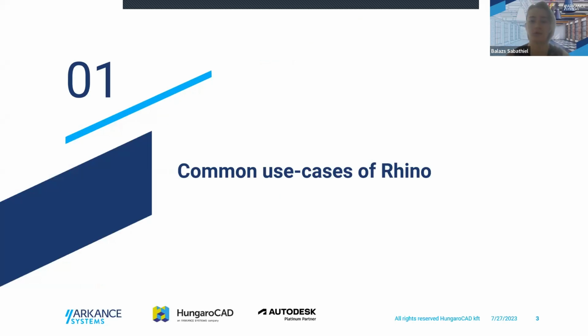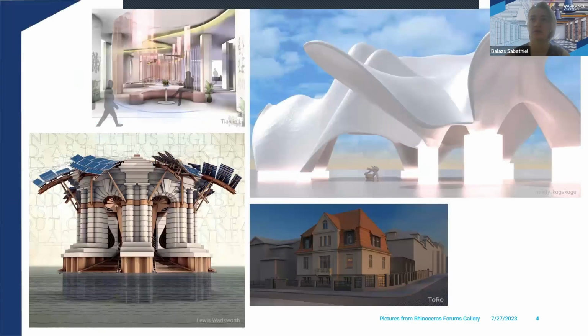Today, I want to show you a few common use cases of Rhino. So we will touch on the basic things. Mostly Rhino is known for, you probably heard people saying that this kind of architecture, this kind of organic shape is used in parametric design by Rhino, or which is actually more specifically with Grasshopper.